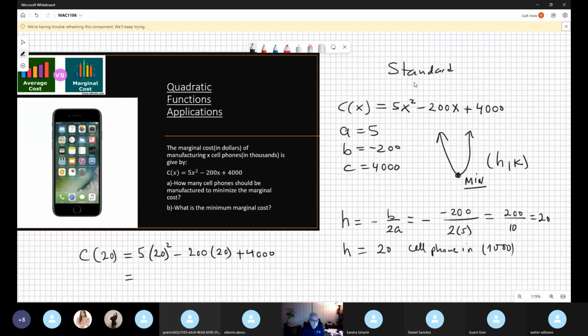Okay, the answer is $200. It's not too much to pay $200 to produce 20,000 cell phones. Or is it 2,000? At least that's what I have in my calculator. Let me check it again: 5 x squared minus 200 x plus 4,000, evaluated at 20.